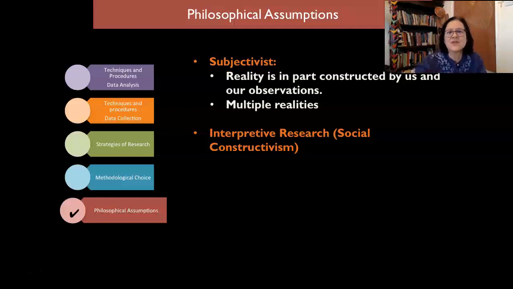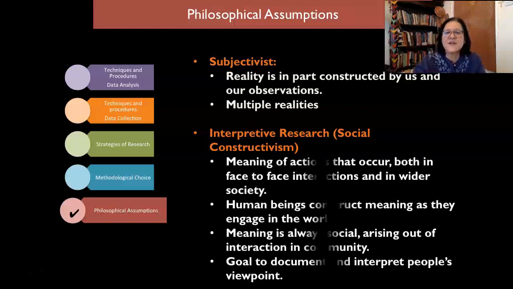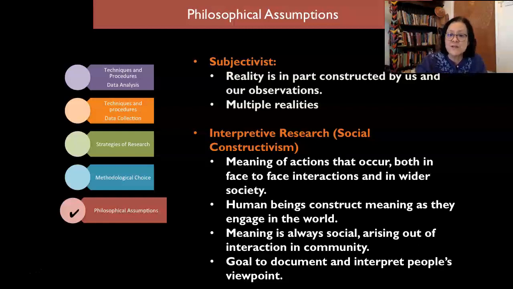Now, research can also be interpretive or social constructivism, which means that human beings construct meaning as they engage in the world. And so meaning is always social, arising out of interaction in community. And so the goal is to document and interpret people's points of view.